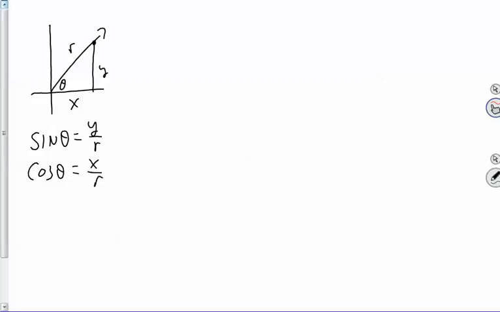I know that tangent of theta is going to be equal to of apples, so y over x. Now, if I wanted to find the length r, isn't r equal to the square root of x squared plus y squared? That's Pythagorean's theorem, isn't it?